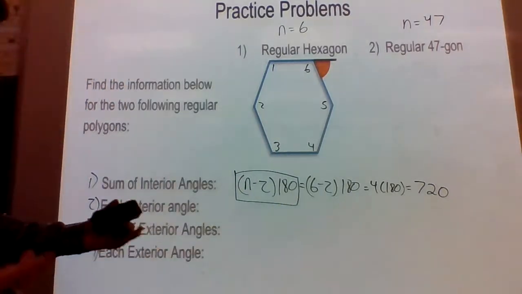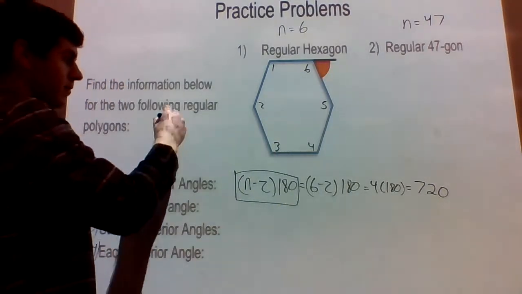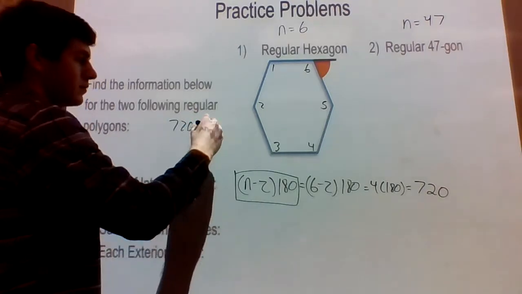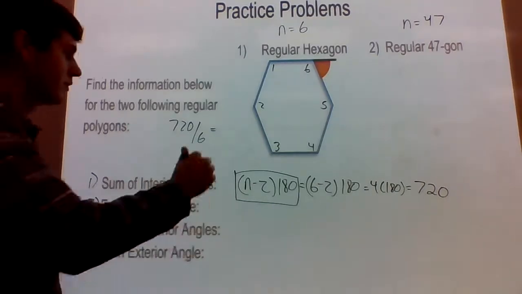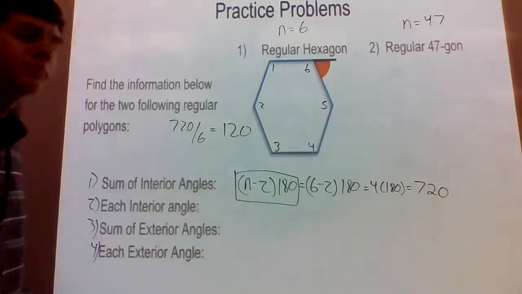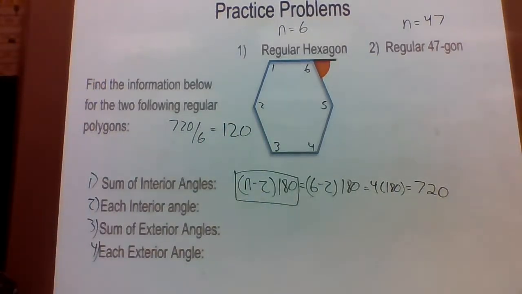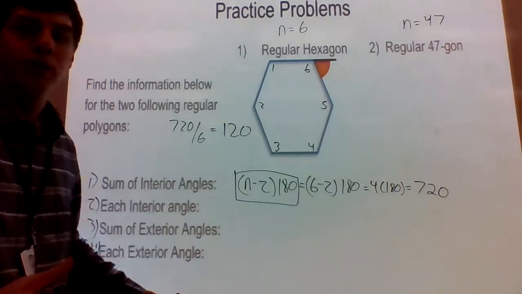So we can just do 720 divided by 6, which is going to be 120. I don't know what I'm saying. It's 120.